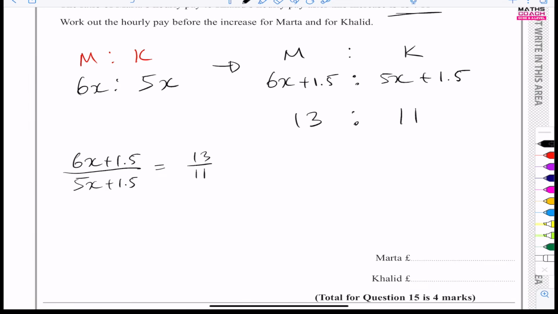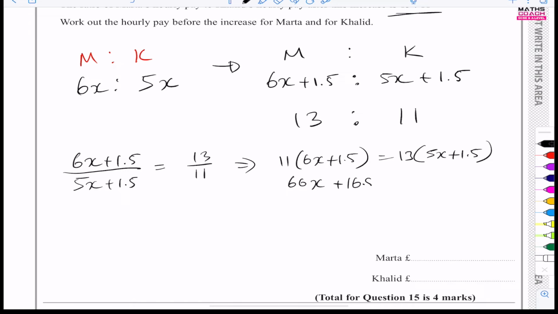So in order to solve this, I'm going to cross multiply. So let's go ahead and do that. So that's going to be 11 times 6x plus 1.5, and 13 times 5x plus 1.5. And if we expand that out, we get 11 times 6, that gives us 66x plus 16.5. And 13 times 5 here gives us 65x.